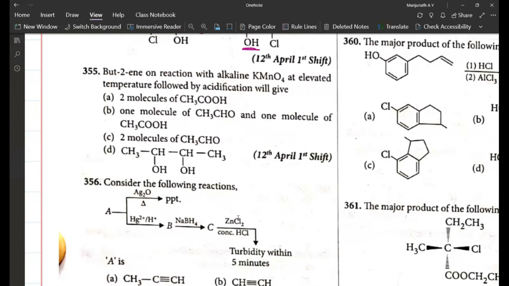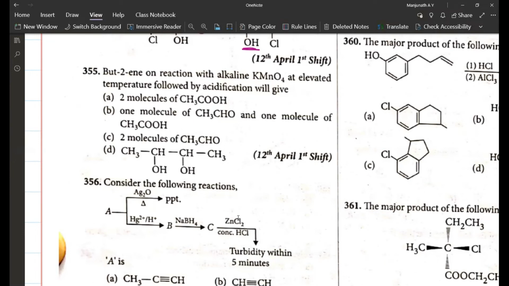355. Butene on reaction with alkaline KMnO4 at elevated temperature followed by acidification will give. This reaction is actually not about mechanism or stereochemistry, but you should be able to answer it. This is from alkenes.